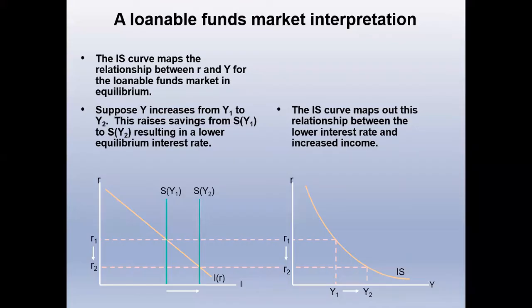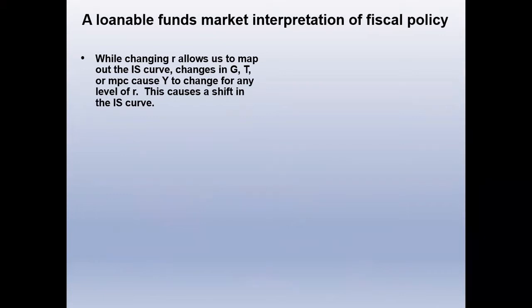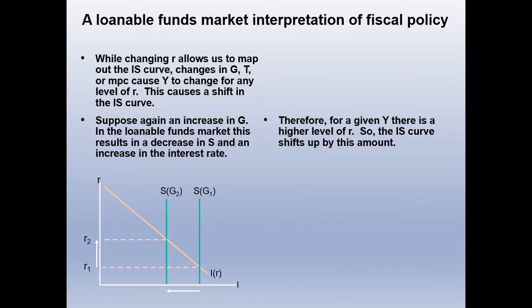So here we have the loanable funds, but what happened to the loanable fund and its interpretation for the fiscal policy? While we are changing the R, which is the interest rate, this allows us to look at the IS curve. So I change the IS curve due to the change of the liquidity, but what happens if government spending increases government borrowing in the loanable funds, resulting in a decrease in saving? If people's saving decreases or drops, this will reflect on the interest rate.